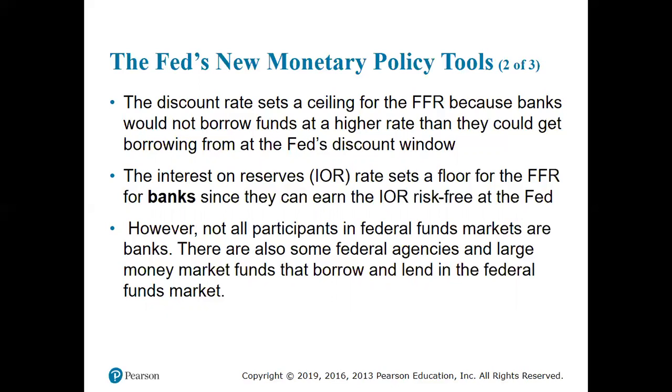If they can get a better rate in the Fed funds market than the Fed is going to offer, they could do that, but they aren't going to go any lower than the interest that the Fed is going to pay on reserves. So that sets the floor for banks.